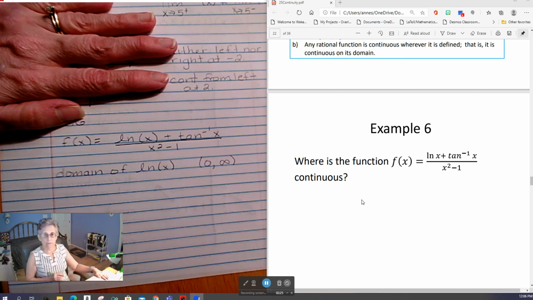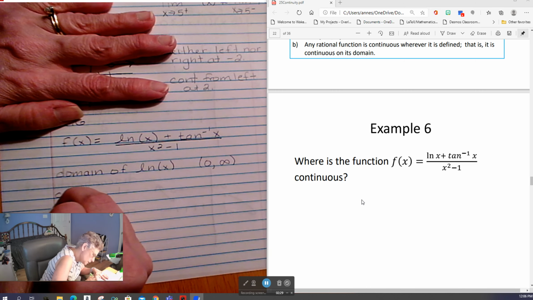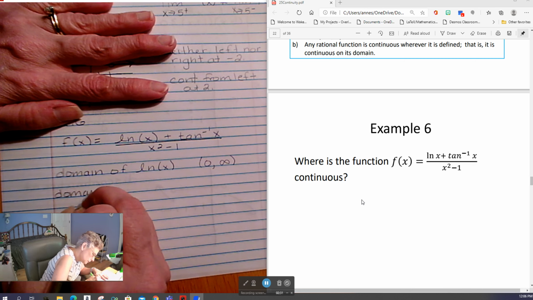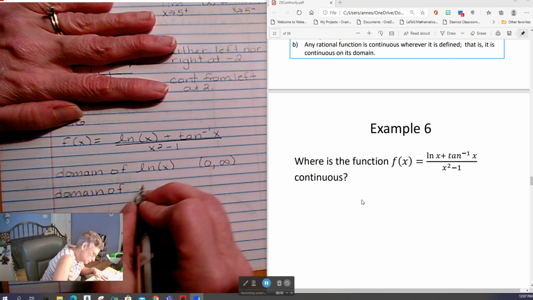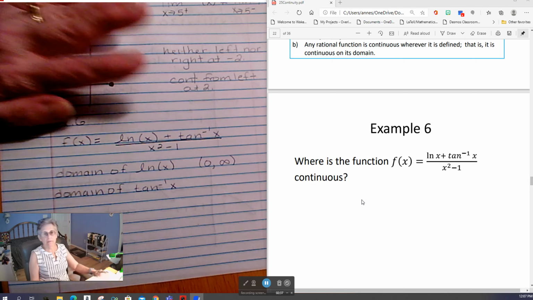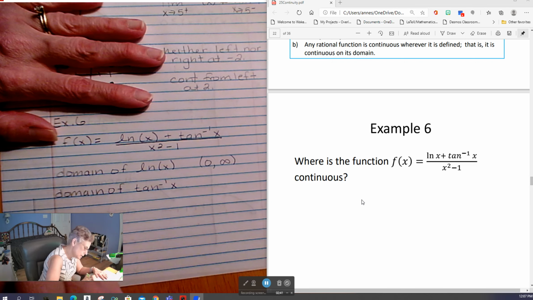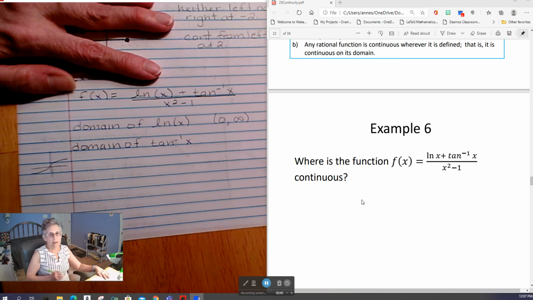Where is inverse tangent continuous? Let's see. So the domain of inverse tangent. Well, what does the graph of inverse tangent look like? It looks something like that.